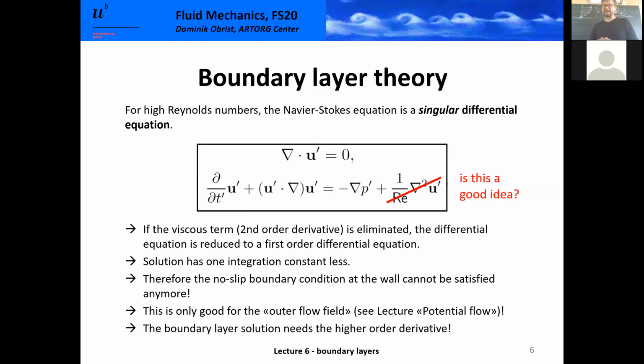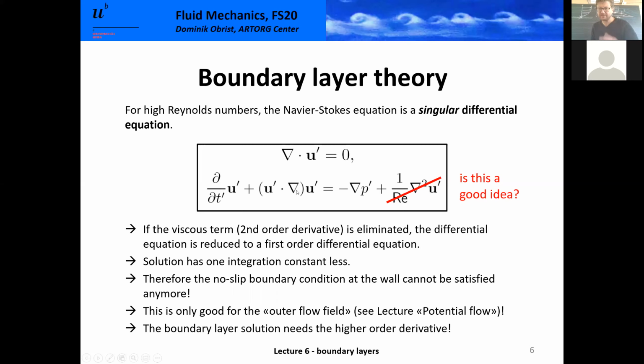If we eliminate this term, because we think it's small and small terms can go away, it's not just that we're neglecting a small term, we're completely changing the character of the equation, because look at all the other terms. The first term, the unsteady term, is a first order derivative in time. The second term, although it's a nonlinear term, is only a first order derivative in space, right?